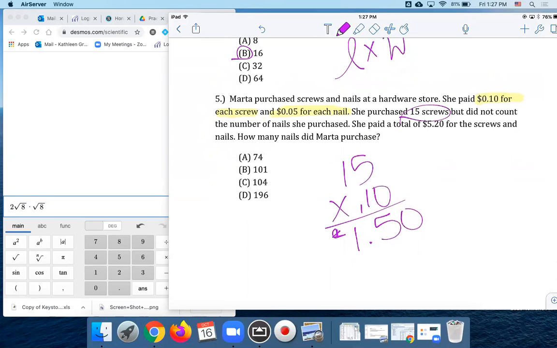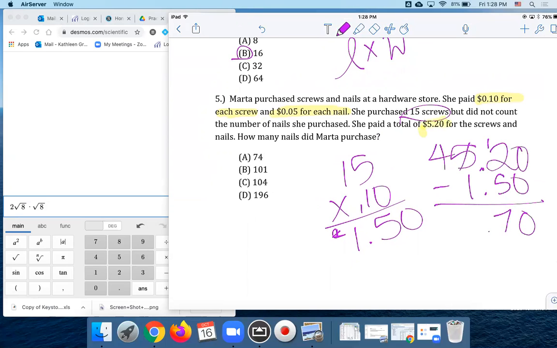So she didn't count the number of nails she purchased, but we do know that she spent a total of $5.20. So we're going to take 520 and subtract our 150. This is some old school subtraction here. And you could also use a calculator.